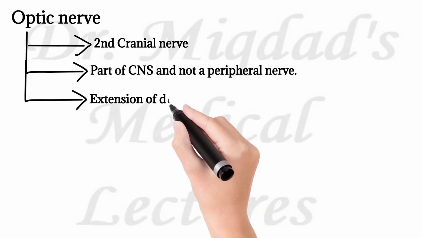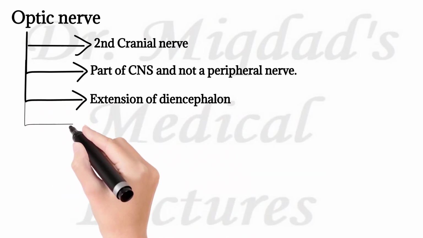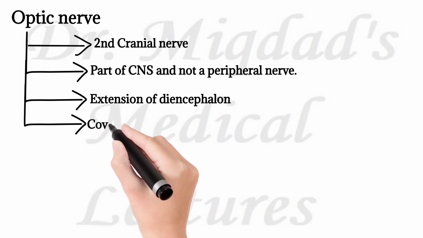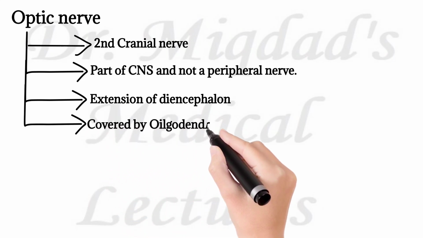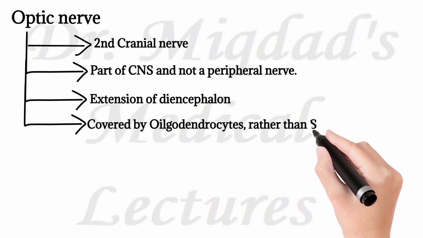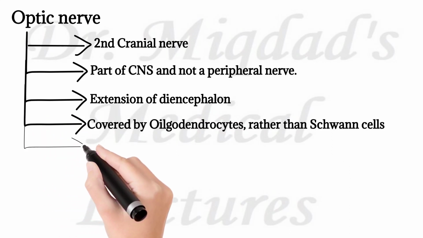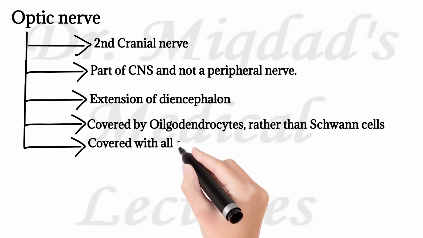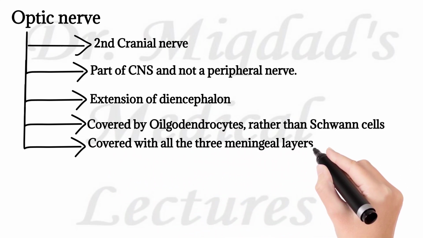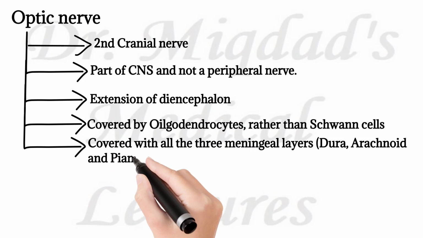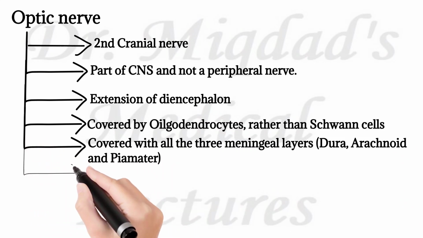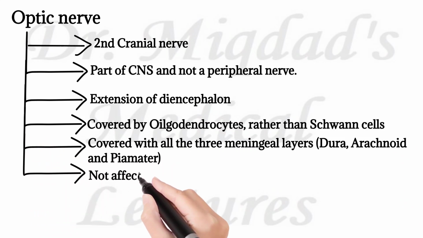It is an extension of the diencephalon and it is covered by myelin, which is produced by oligodendrocytes rather than Schwann cells which create myelin for peripheral nerves. The optic nerve is covered by all three meningeal layers, that is dura mater, arachnoid mater and pia mater, and it is not affected by diseases which affect peripheral nerves.